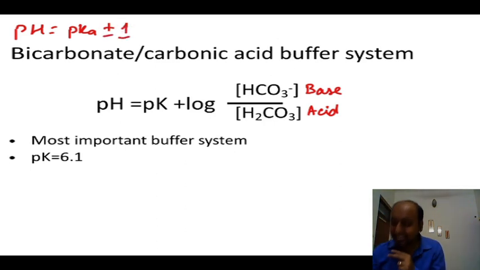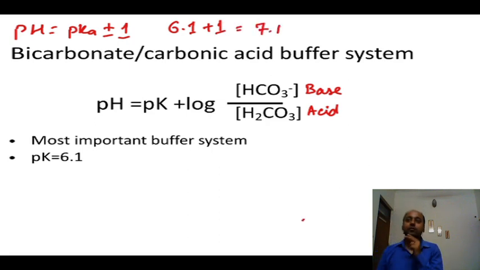In this case the pK is 6.1, and if you add 1 to it, it becomes 7.1, right? It becomes 7.1, but the target that we need is 7.4. How is the bicarbonate carbonic acid buffer system able to act as a good buffer?